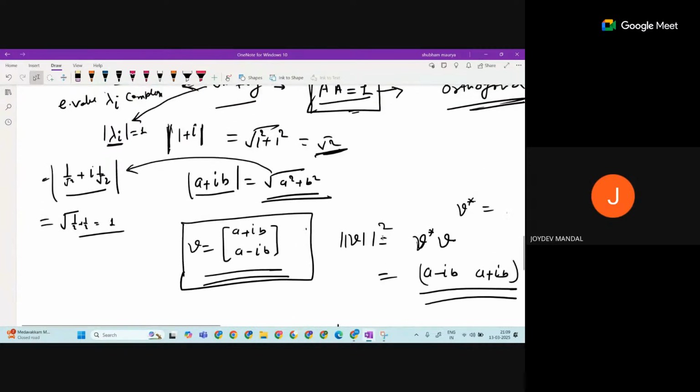So this could be an eigenvalue of a unitary matrix, isn't it, sir? No. This one is never going to be an eigenvalue, because here the absolute value is root 2. So this number is never going to be an eigenvalue of any unitary matrix, because it has absolute value root 2.